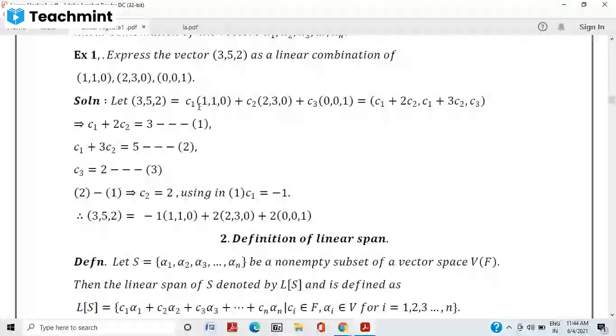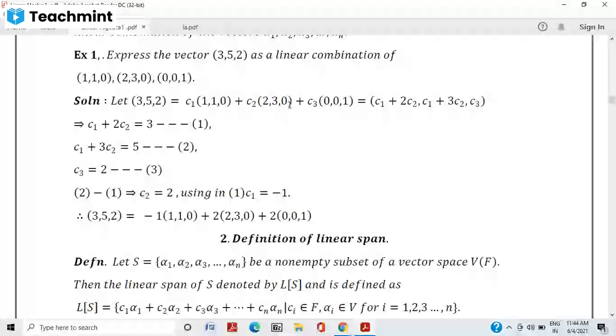We have to first add all the first elements. That means what do you get? C1 plus 2C2 plus 0. That means C1 plus 2C2. Then the next term, C1 plus 3C2 plus 0. That means C1 plus 3C2.